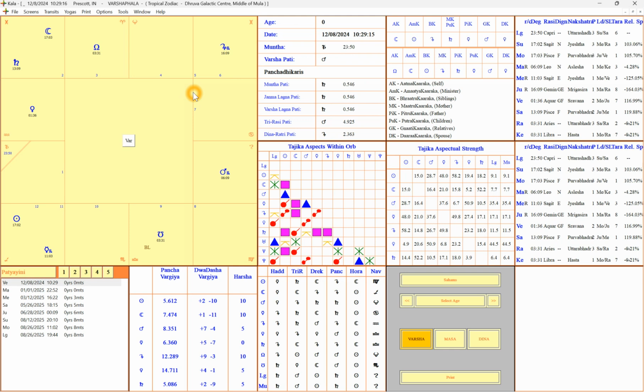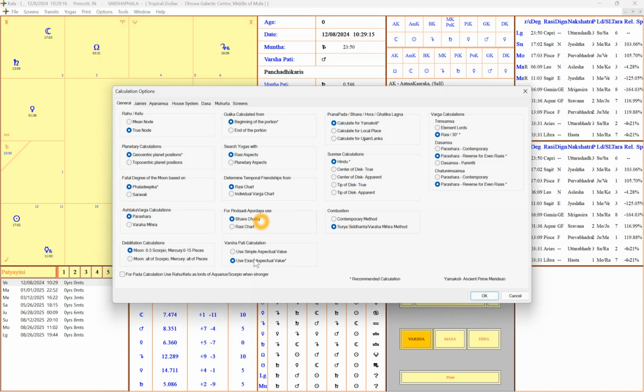Now, one way to do that is based simply on aspects based on signs. Or in Varshaphala, they also tell us how to calculate the aspect strength from 0 to 60 points. So one of the options is to use the exact aspectual value.